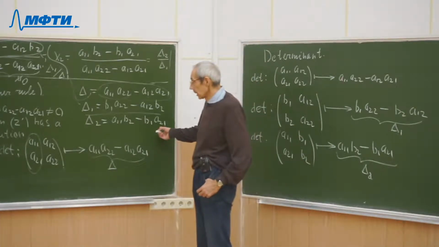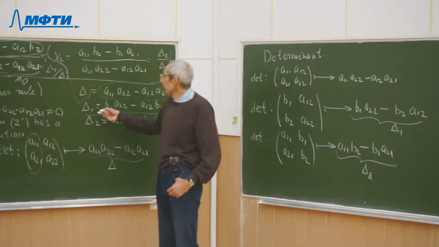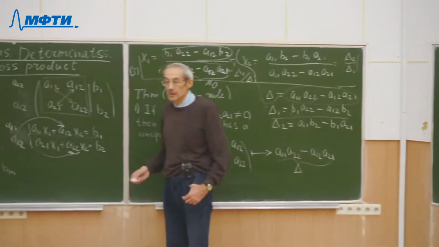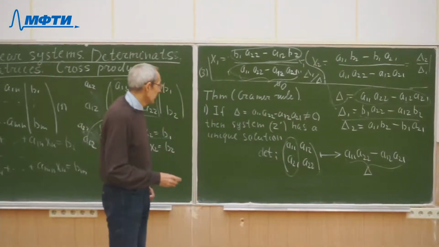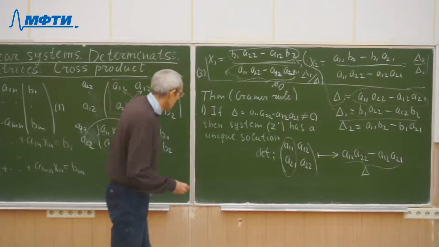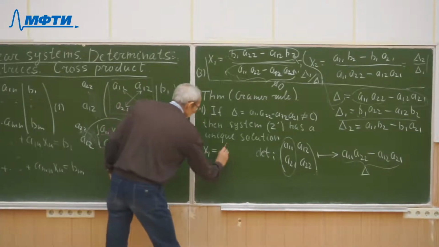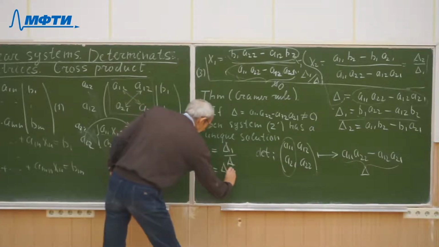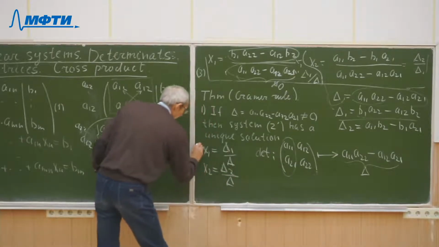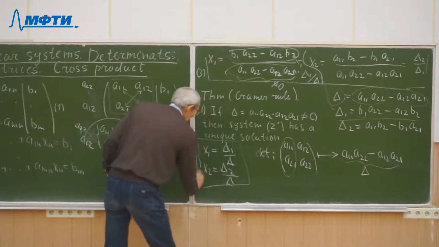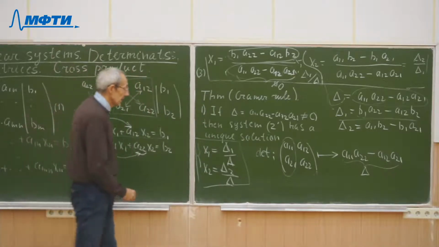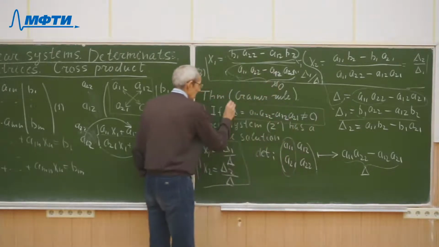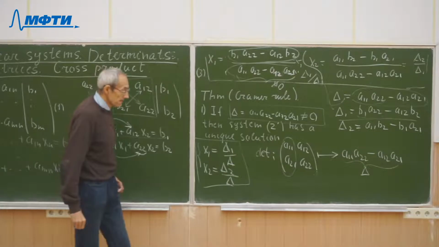the theorem, Cramer's rule, asserts that values of unknowns of our system can be expressed in the following simple form: x1 is equal to the ratio delta 1 over delta, and x2 is equal to the ratio delta 2 over delta, but only in the case when delta is not equal to 0.